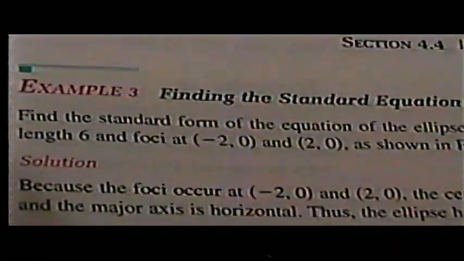So if the major axis is 6, the major radius would be 3. The major radius is always represented by a in the standard form for the ellipse. So we already have the value for a. We know that a is equal to 3.